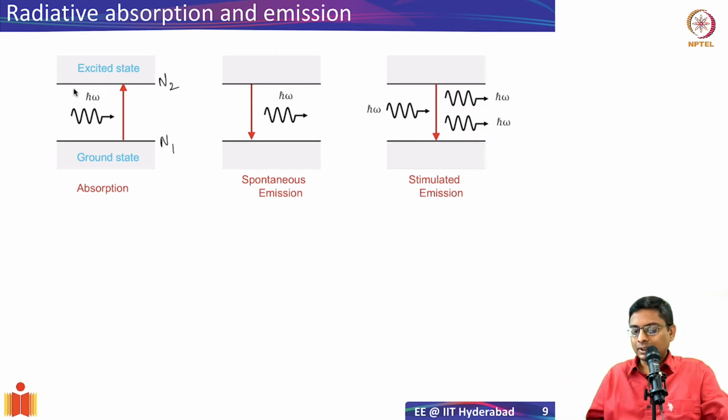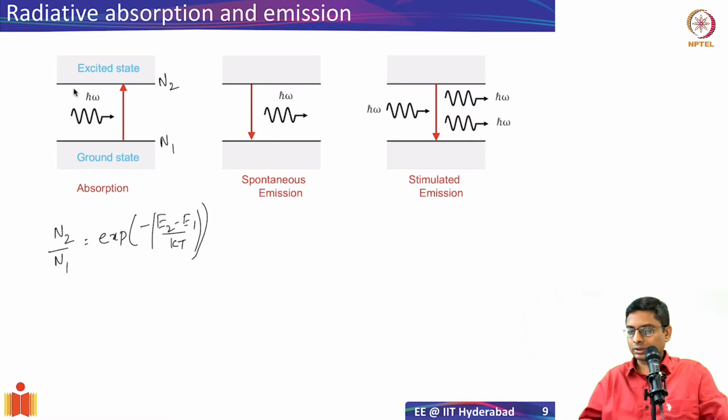For example, if I look at N2 divided by N1, the ratio of the atoms in the excited state to the ground state, this ratio will be given by the Boltzmann distribution, and it will be exponential of minus (E2 minus E1) by kT. Here E2 and E1 are the energies of the excited state and the ground state.